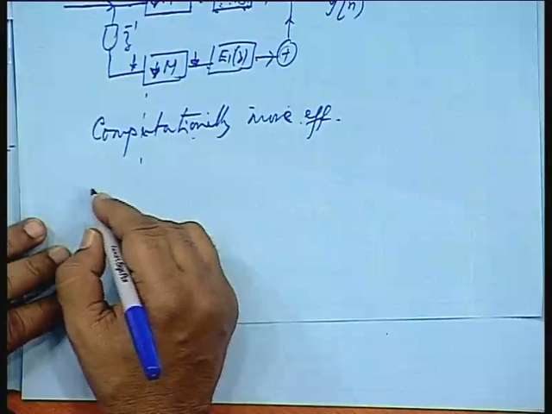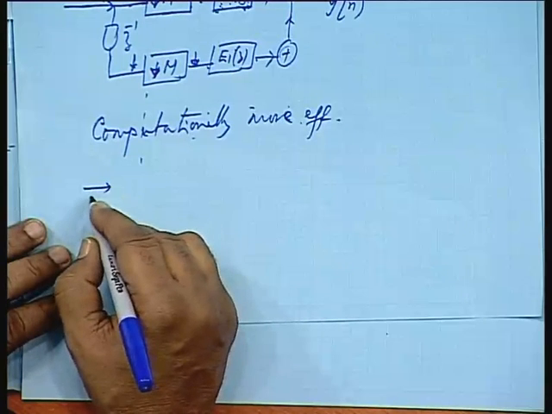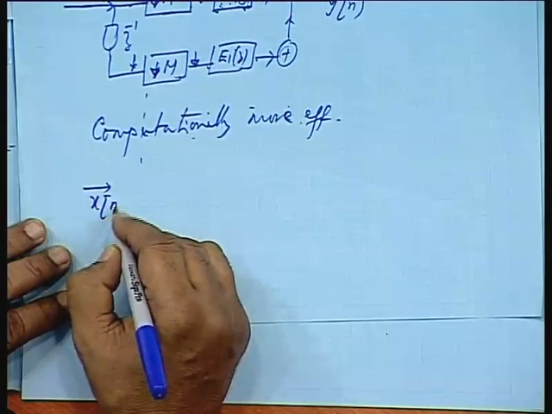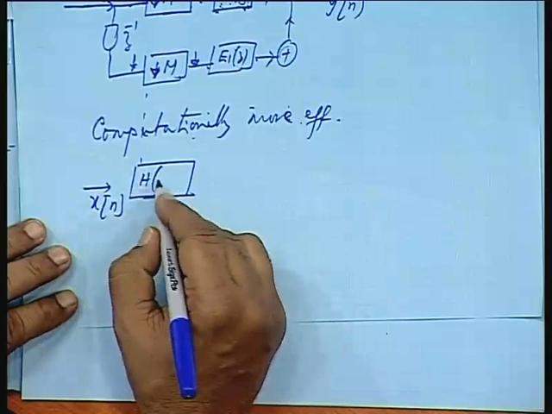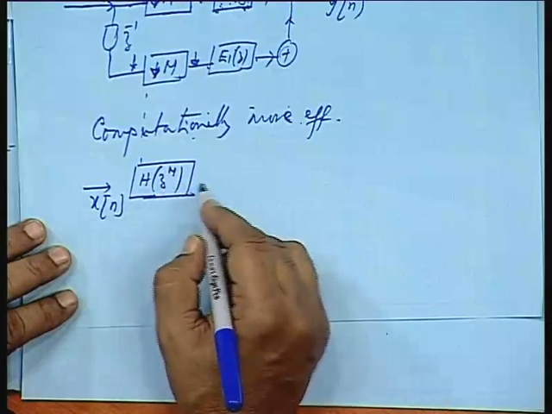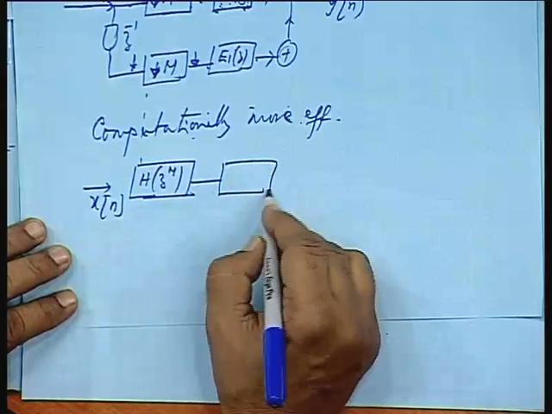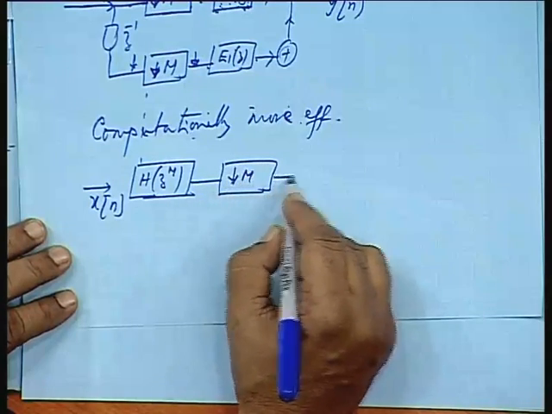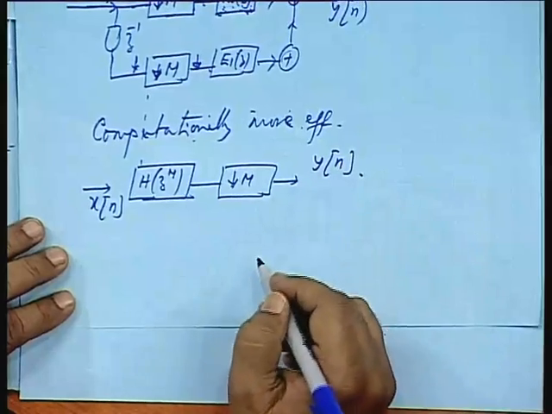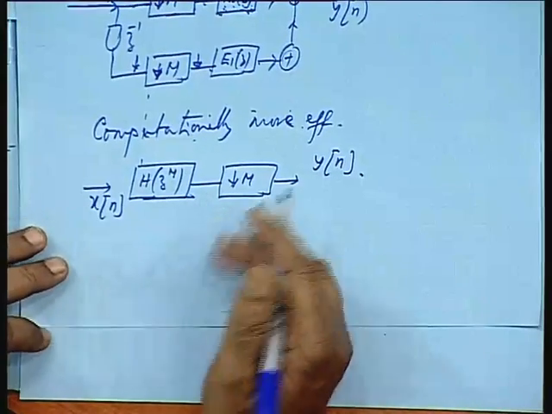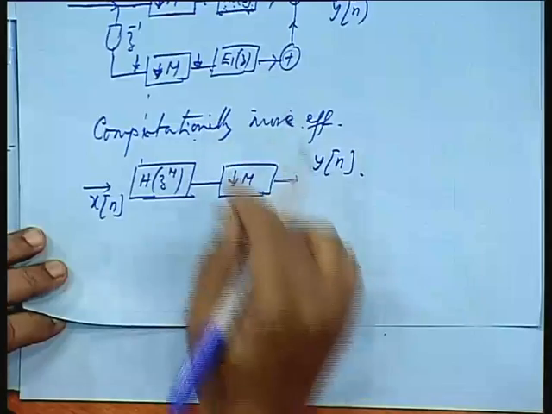So we have got xn, hzm, m, and yn. This structure we have reduced to this form.